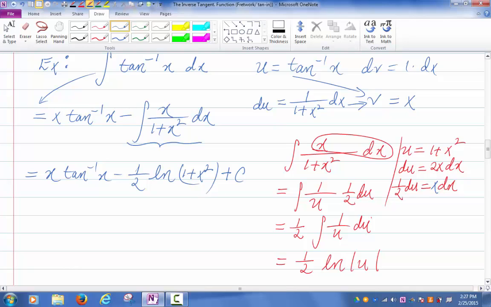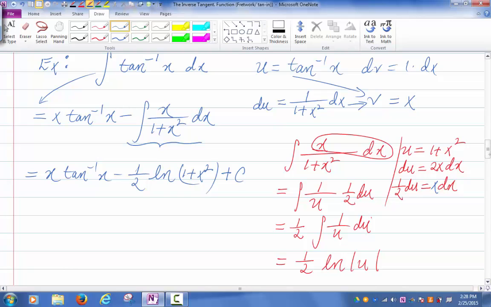You realize that you'll go back to this. Yeah, that's what I did. That's why I was confused. If you apply integration by parts on this one, you're going to take u to be x, and you're going to take 1 over 1 plus x squared to be dv. Then when you apply integration by parts, you end up with tangent inverse again. So that's why you can't really do it.